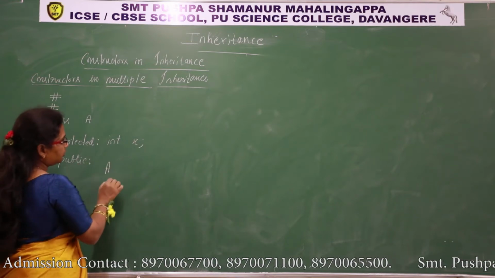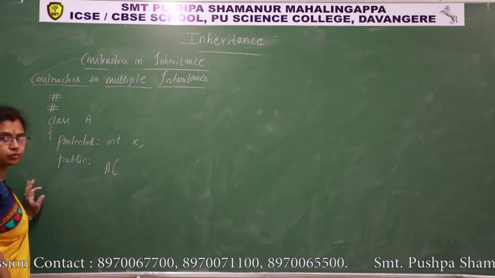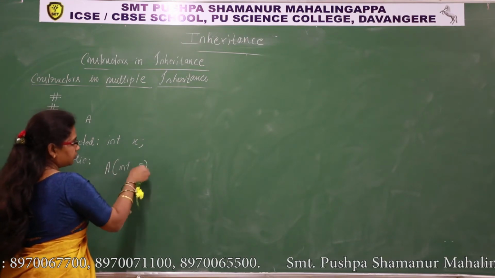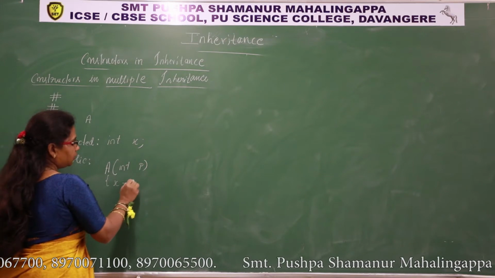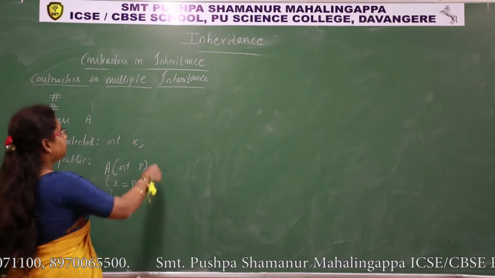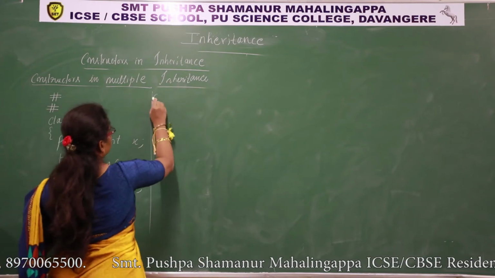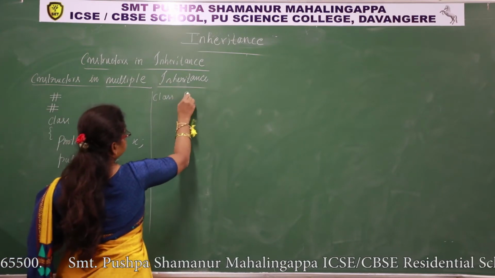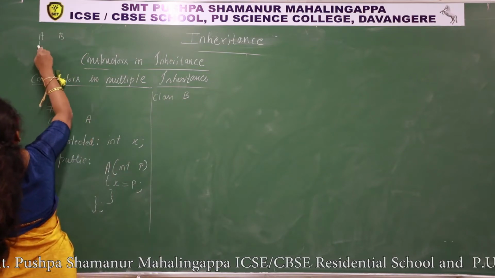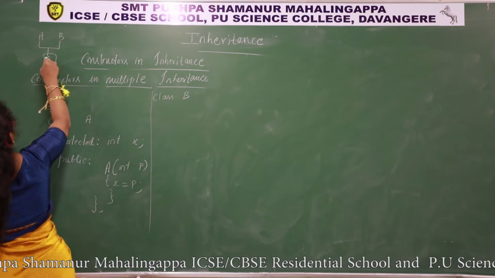Name of the constructor is same as its class name, so I have to write A here. Int x is equal to t, close class. Now another class B. The structure will be like this, no? Class A, class B and class C.